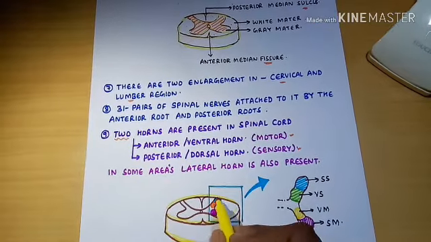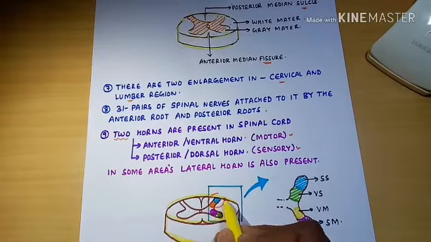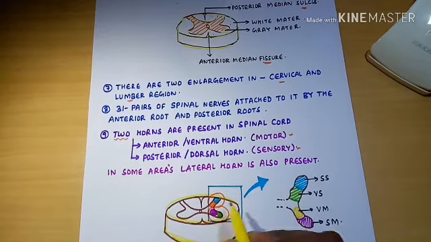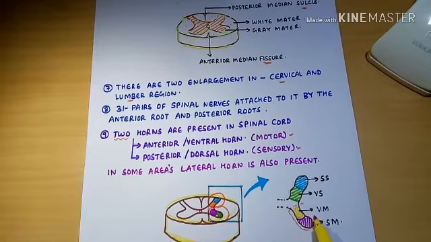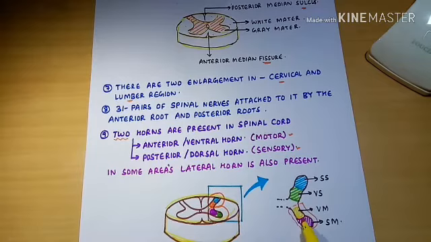If this is the posterior horn and this is the anterior horn, the anterior horn is motor in function. So this section of the gray matter is motor in function.